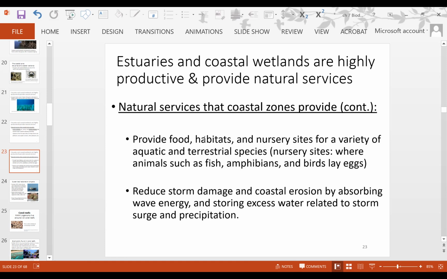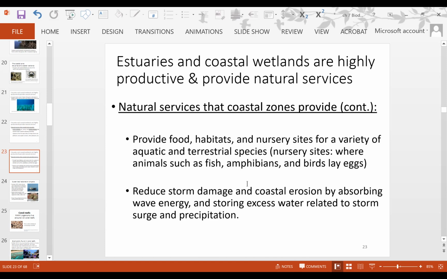And then again, the storm damage: the absorption of the wave energy and the storing of excess water related to storm surge, as well as the precipitation.